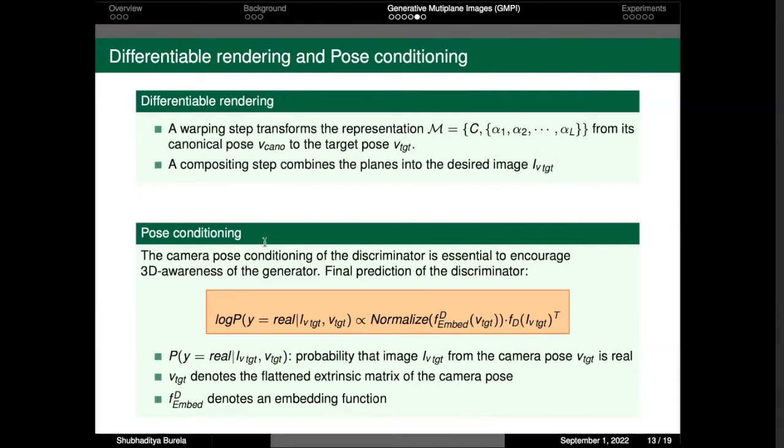Now, once the second block is complete, that means the desired image is obtained. We need to do pose conditioning on the discriminator. So this camera pose conditioning of the discriminator is essential to encourage 3D awareness.